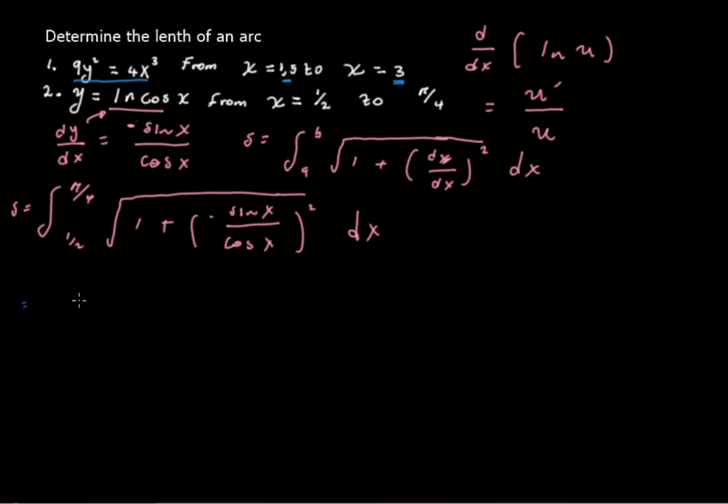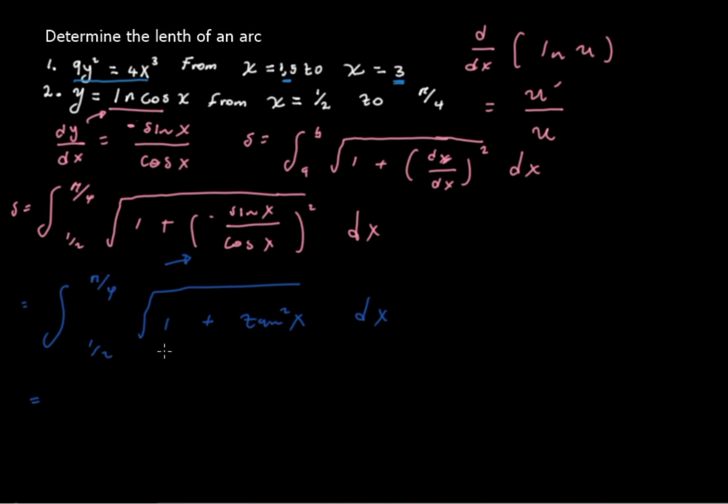It's going to equal the integral from 1 over 2 to pi over 4 of the square root of 1 plus tan squared x, because that is a quotient identity, and then you're going to have dx.